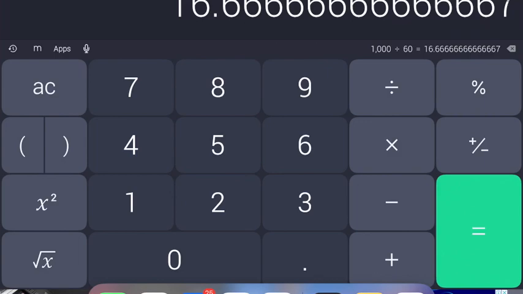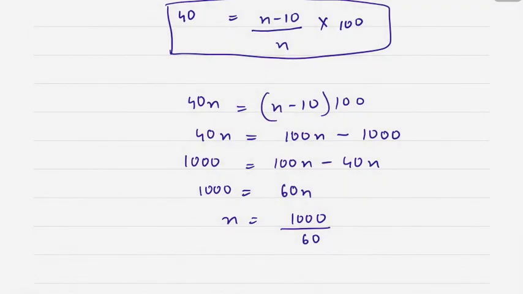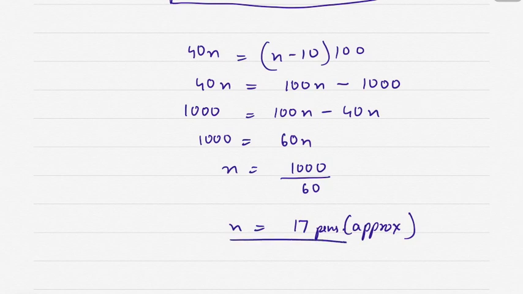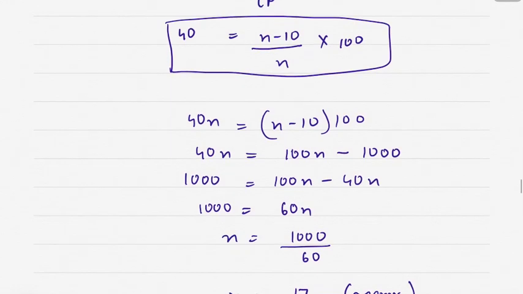Okay, so number of pens cannot be in point, correct? So instead of 16.66, I'll write n is equal to 17 pens approx. Got it?